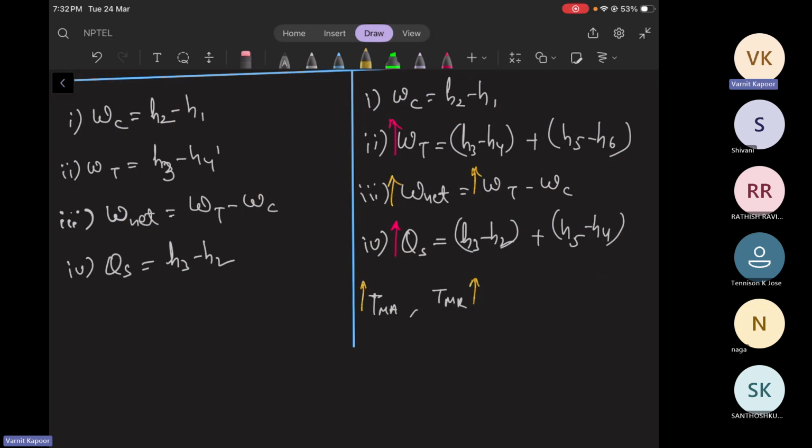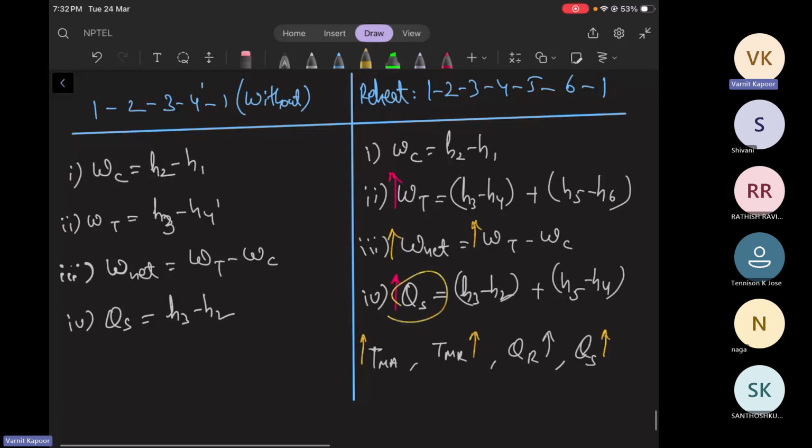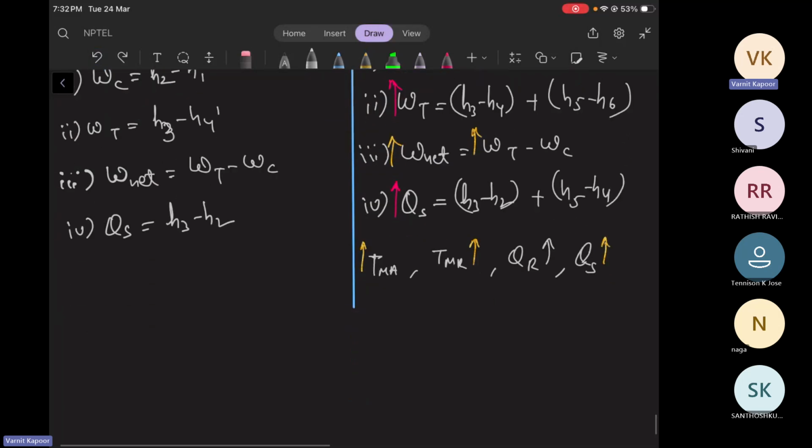Next thing, heat rejection, mean temperature has increased, so heat rejected has also increased. Because earlier it was from 4 dash to 1, now it is from 6 to 1. And heat supplied has also increased because you are providing by 2 combustion chambers. So if heat supplied has increased, efficiency is nothing but net work by heat supplied.